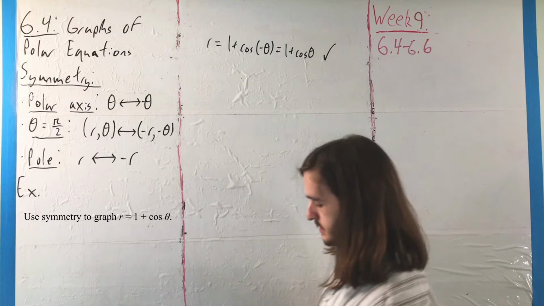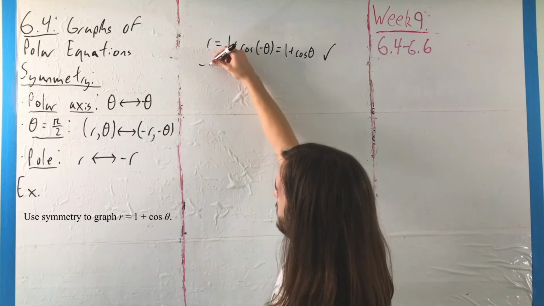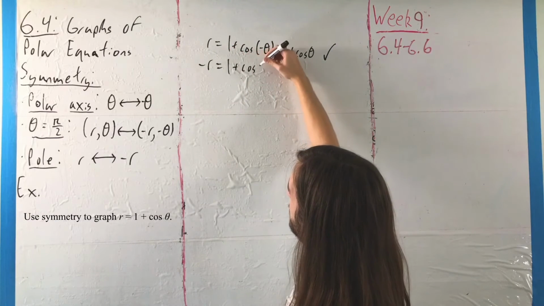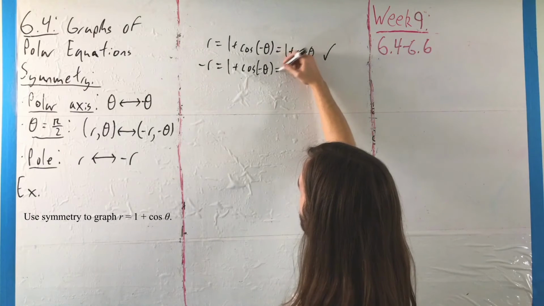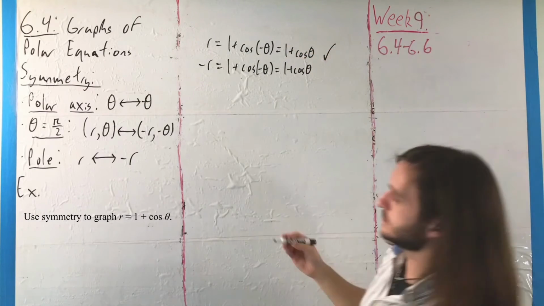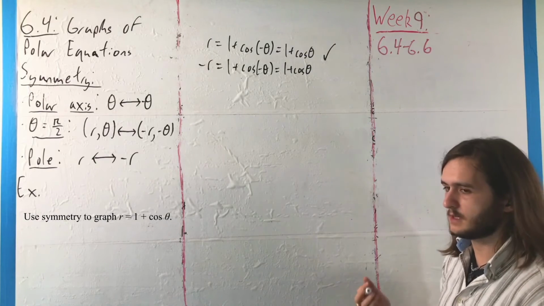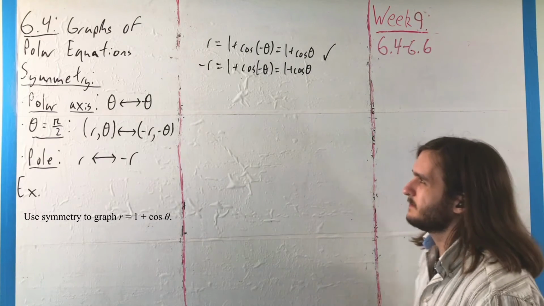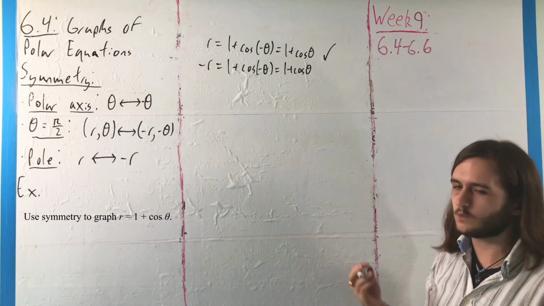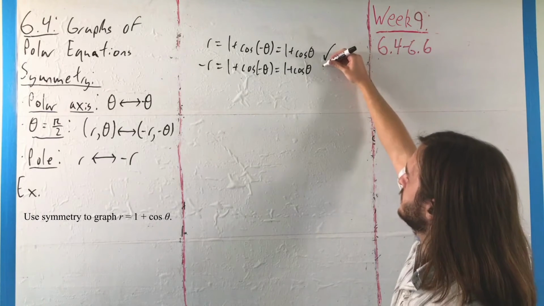For the second case, if I exchange out the r with a negative r and the theta with a negative theta, I have that same thing on the right side. I can pull out that negative and not have it mean anything because of the evenness of cosine, but there's nothing I can do with that r. I could divide it over, but that wouldn't return 1 plus cosine theta anymore.